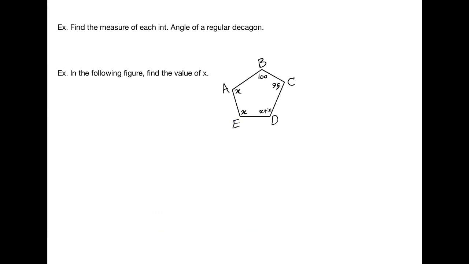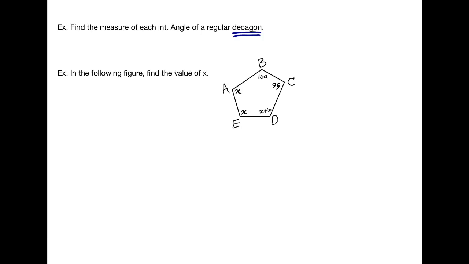Let's see one other example. Find the measure of each interior angle of a regular decagon. So here you're going to find each interior angle. Again, if you remember from grade 9, a decagon is a polygon that has 10 sides.